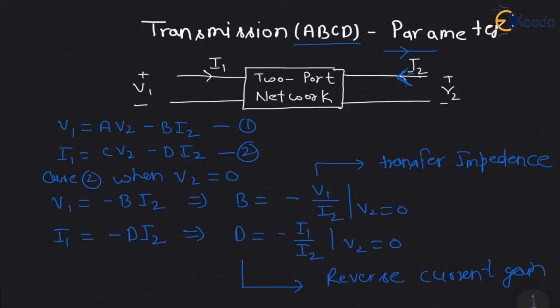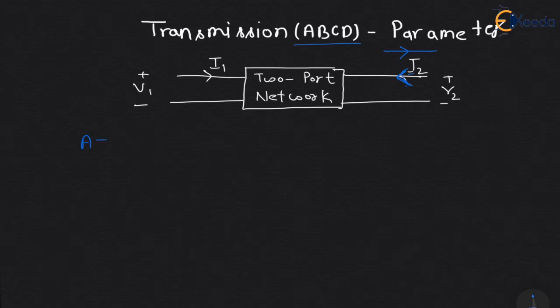I'm going to write how to calculate all the ABCD parameters. In short, the value of A is equal to V1 upon V2 when I2 is equal to 0. The value of C will be equal to I1 upon V2 when I2 is equal to 0.